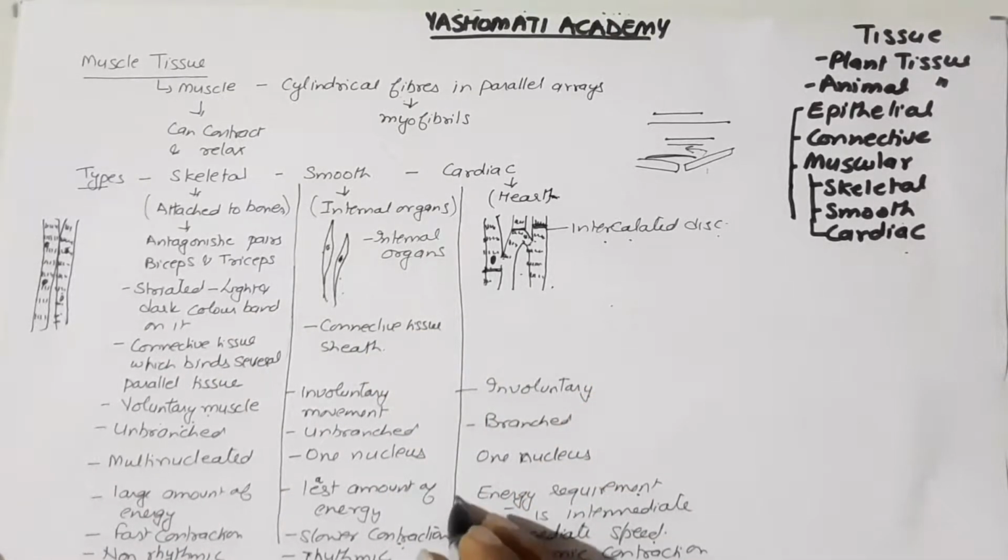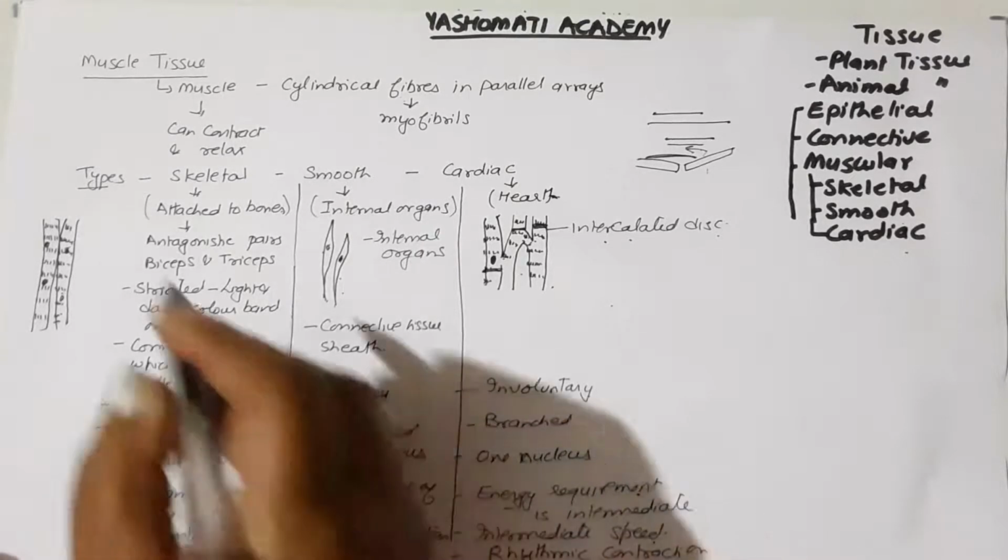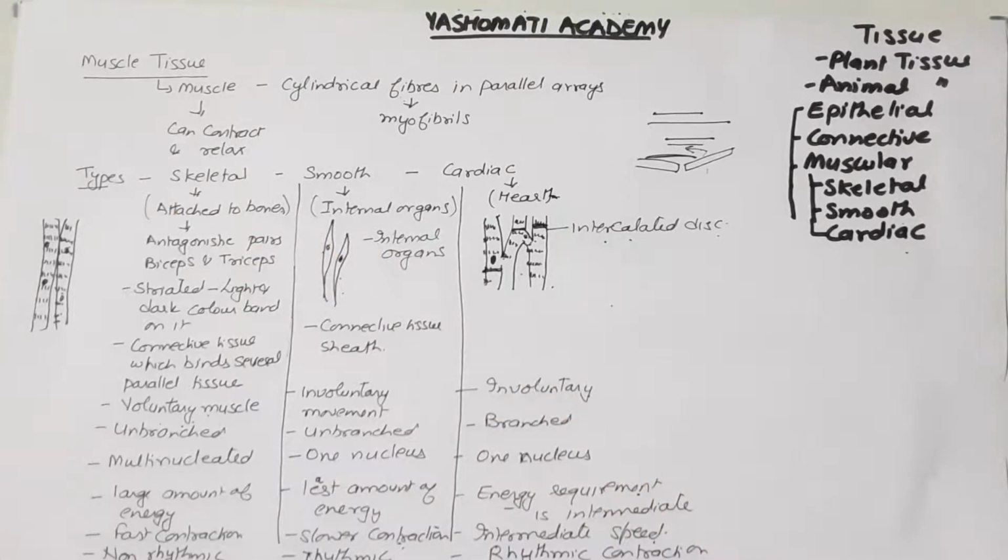This is also very interesting to notice that skeletal muscles get tired, and smooth muscles and cardiac muscles never get tired. All through life, they keep on contracting, and this contraction and relaxation never stops. So that means the muscle never gets tired. Whereas the skeletal muscles, if they are overworked, then they get tired.